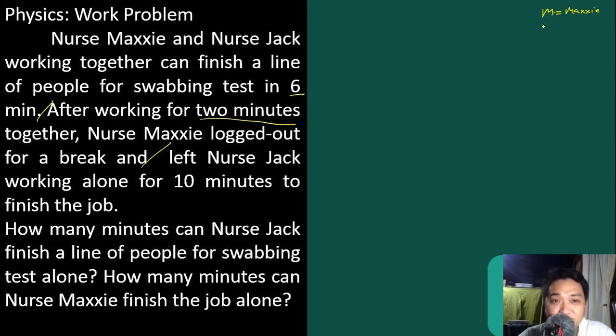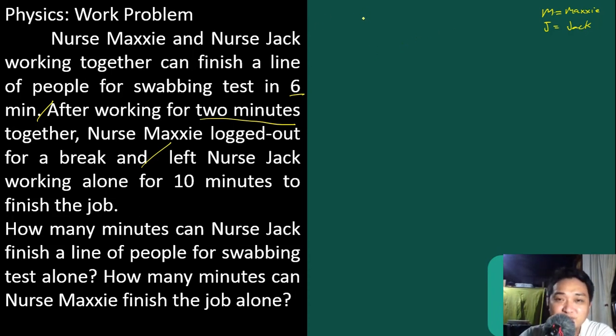And J here stands for the number of minutes where Jack could finish the array of swabbing tests or a line of people for swabbing tests alone.